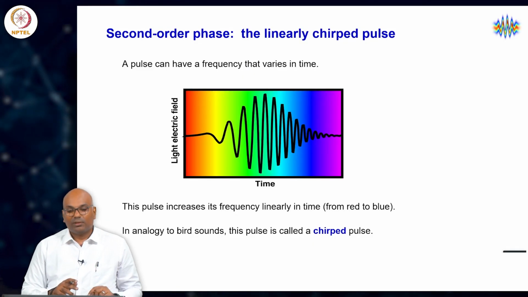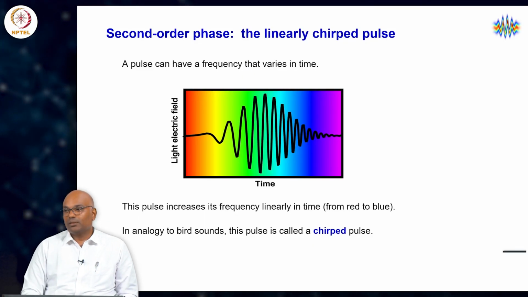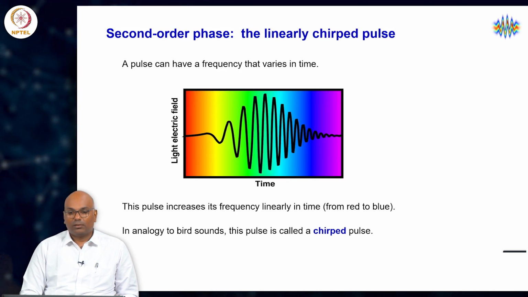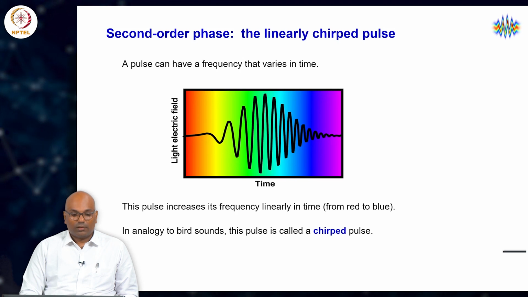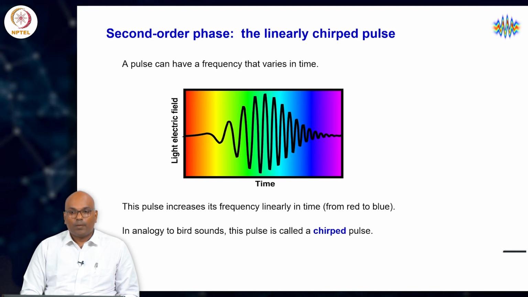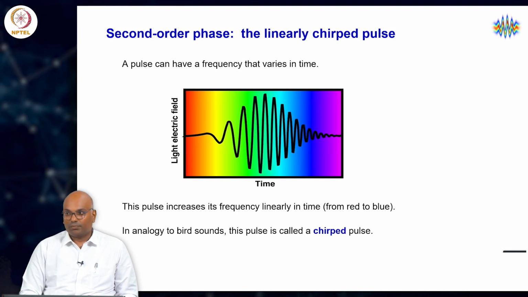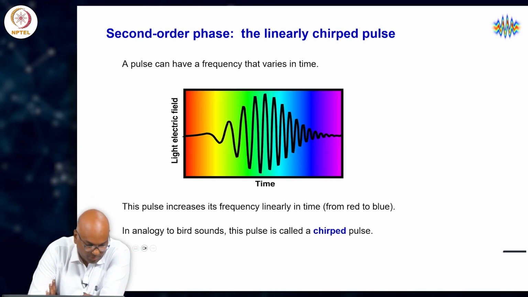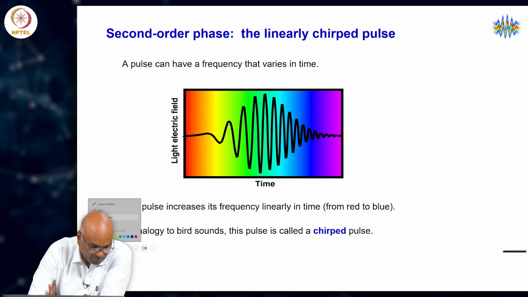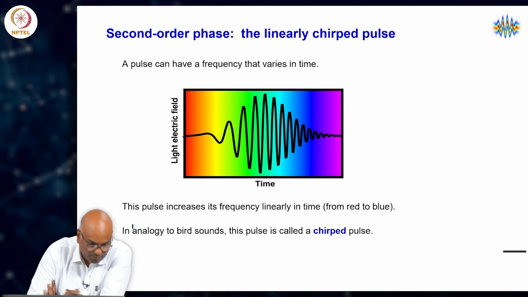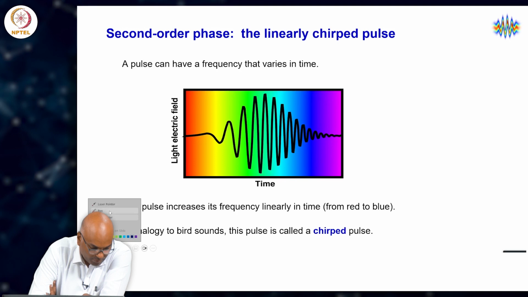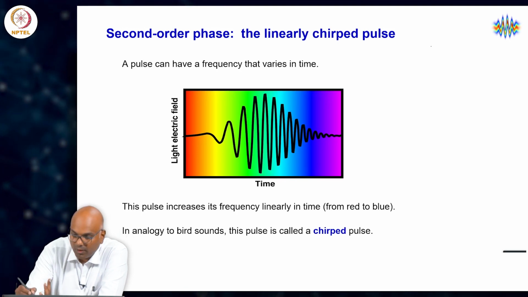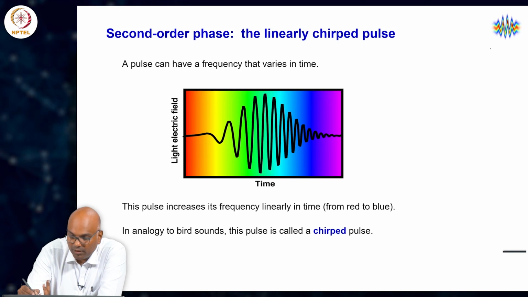So, let us look at the distortion. Right. So, what is this distortion? This distortion comes about because of which terms are non-zero.